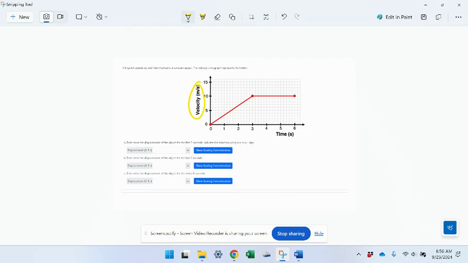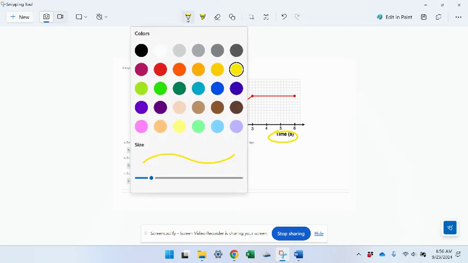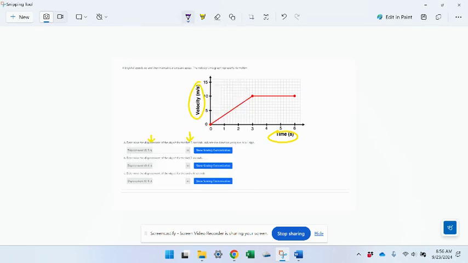So we have velocity, it's critical, velocity versus time. And it's saying determine the displacement of the object for the first 3 seconds. So it's saying right here is 3 seconds. What is the displacement during what's happening right along here?